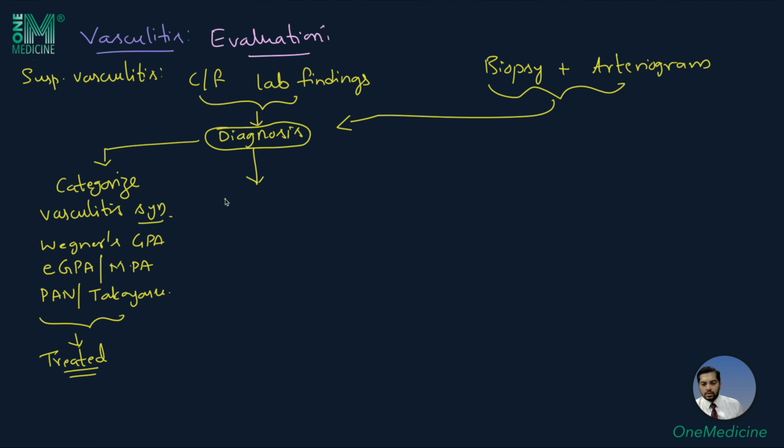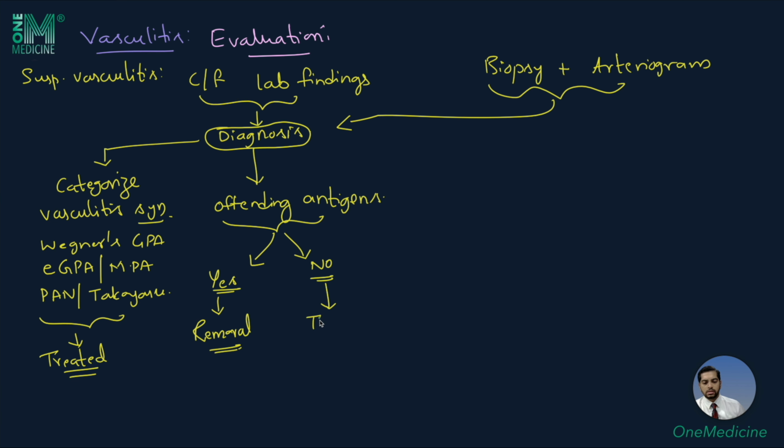In parallel, patients should also be screened for offending antigens. In such patients, if there is an antigen which is present, then the removal of the offending antigen needs to be done. If there is no antigen that is present, then treat it as vasculitis. In case of removal of offending antigen, the patient should be followed up for resolution of symptoms, and if there is no resolution, then the patient can again be subjected to treatment for vasculitis.